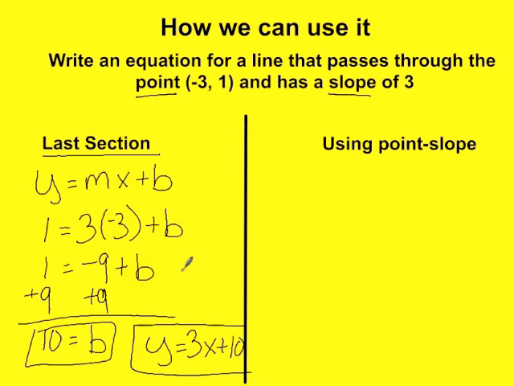But now we're going to start using point-slope form. Point-slope form, again, was y minus y1 equals m times x minus x1, where the 1s are our point and our m is always our slope.